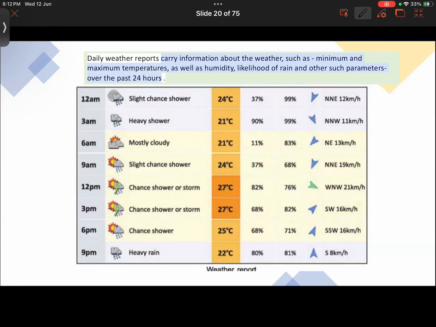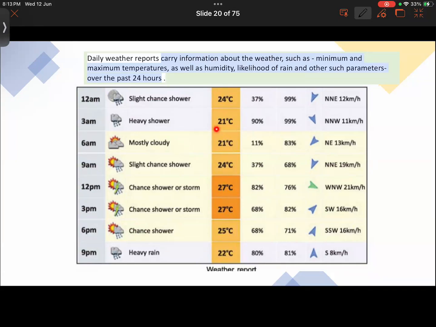Out of the different temperatures, you guys tell me what was the minimum temperature during that day. Observe it. Sir, 3 a.m. The second one, 21 degrees Celsius. Yes. 3 a.m., that is early in the morning. At 6 a.m. also.